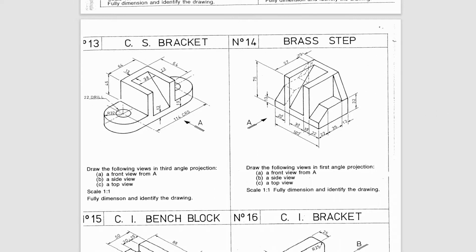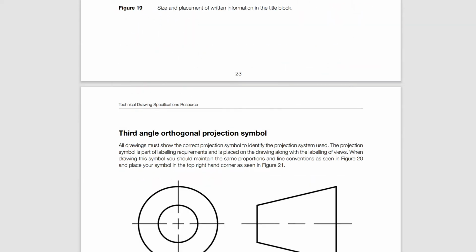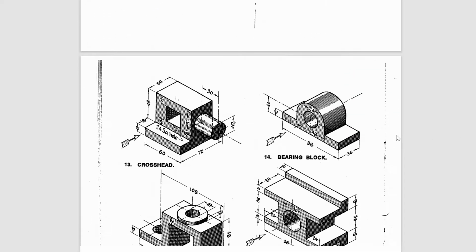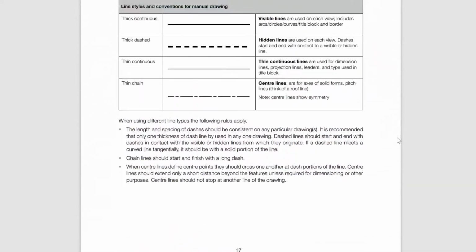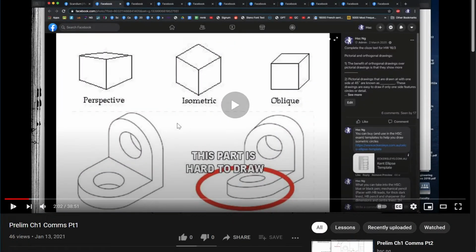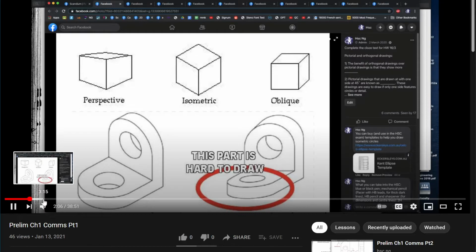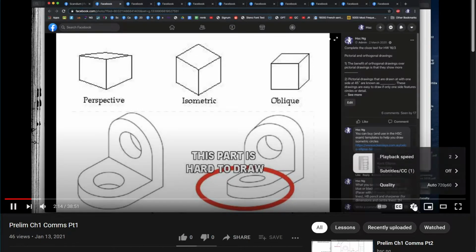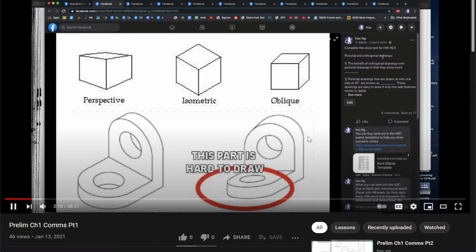Okay, so now that we've gone through what's in this document, in terms of practice questions, we've got a couple of documents that are important. So let's have a look at what we're going to do now. The fundamentals that we should all be very familiar with at this point is that there are different kinds of pictorial drawings.